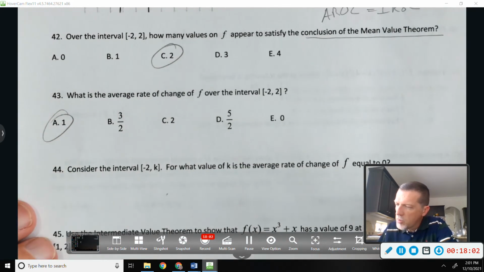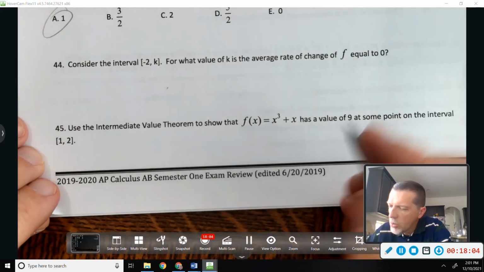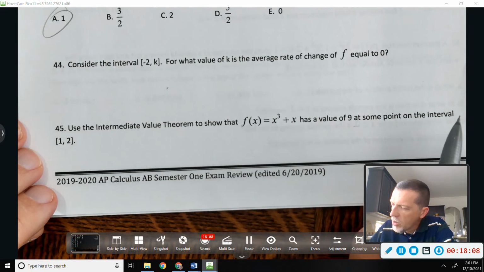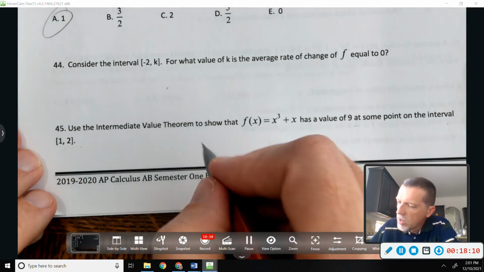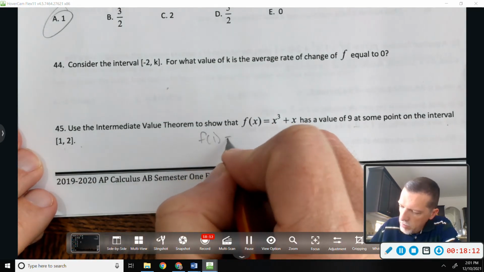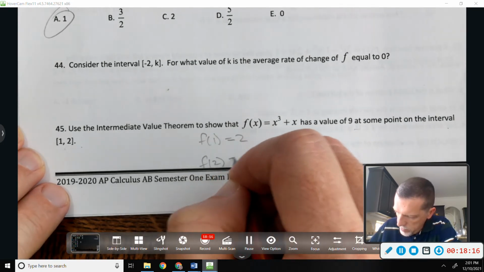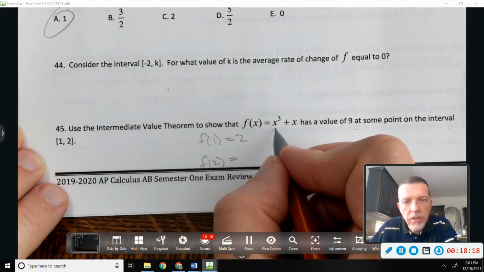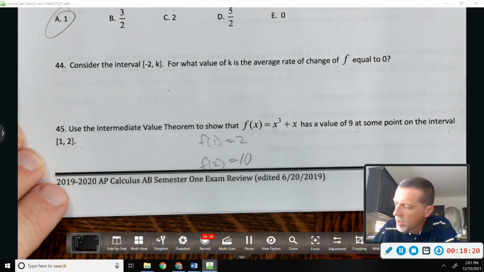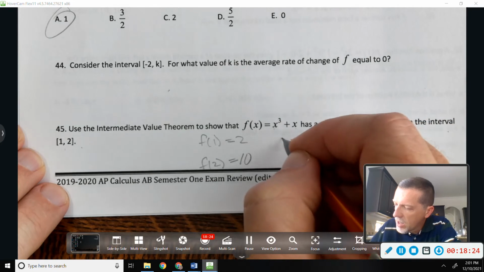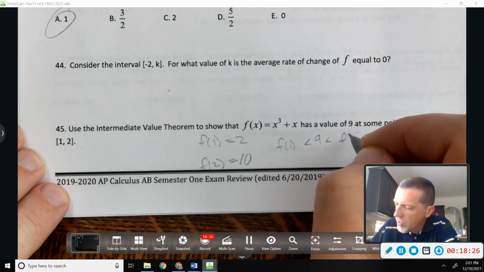45. Use the intermediate value theorem to show that f has a value of 9 some point on the interval 1 to 2. f of 1 is 2. f of 2 is 8 plus 2 is 10. Well, 9 is in between f of 1 and f of 2.